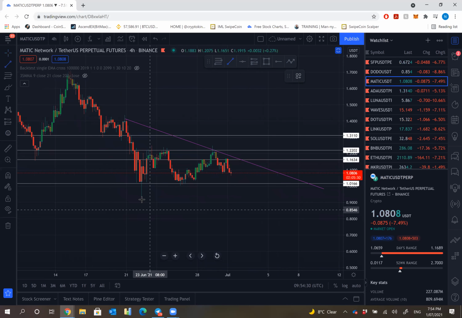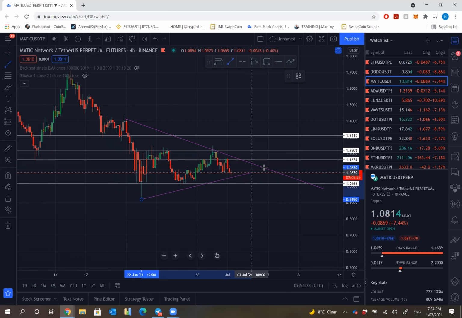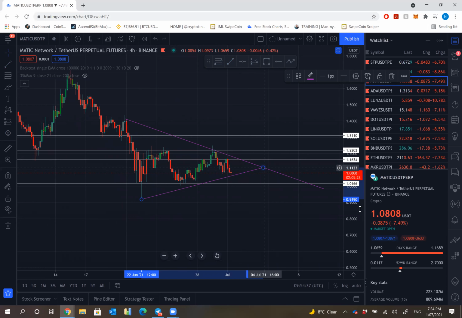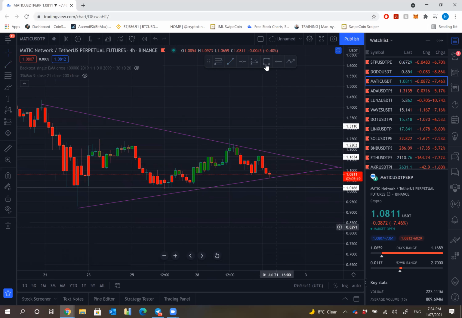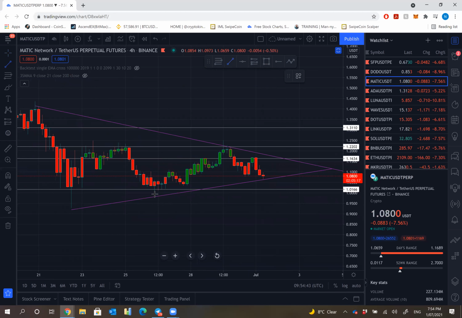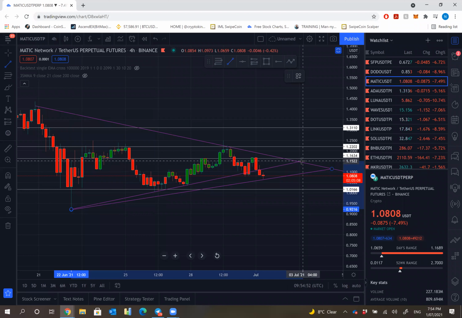So then I will go from the low wick here. I'll do one line up there. Looks like it could be there.